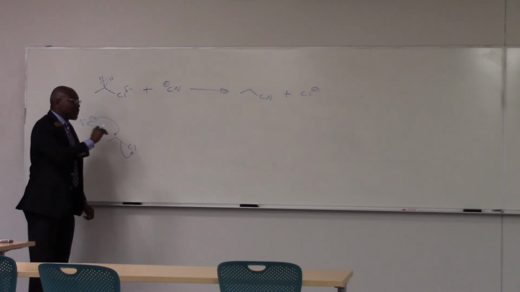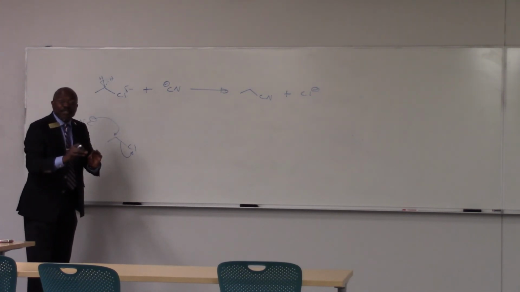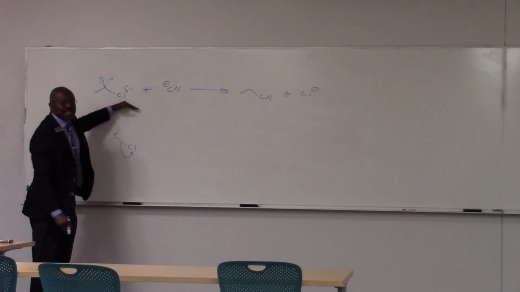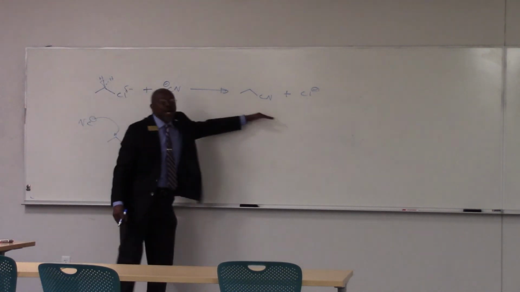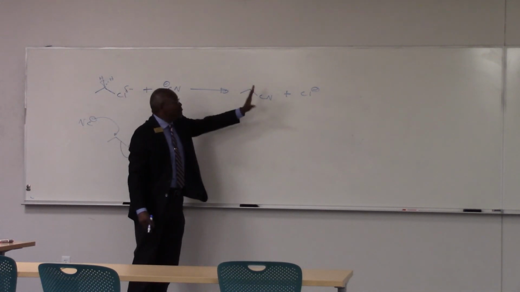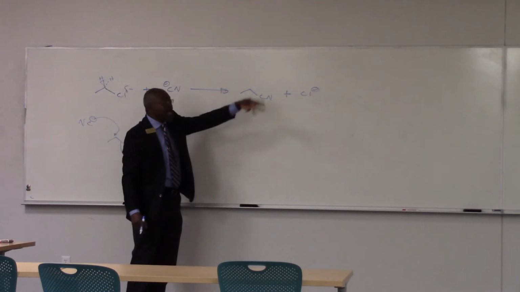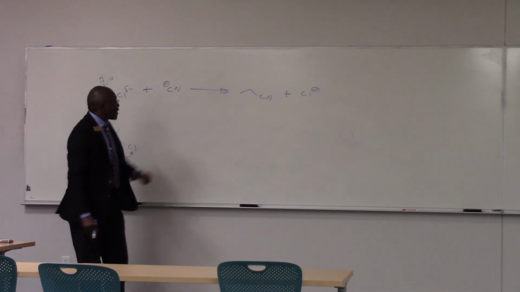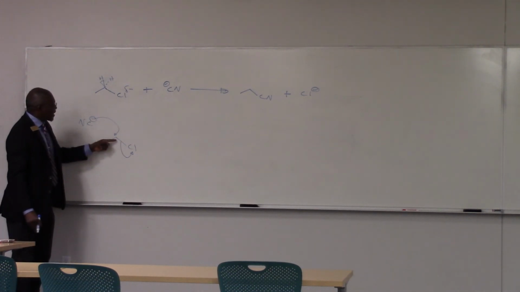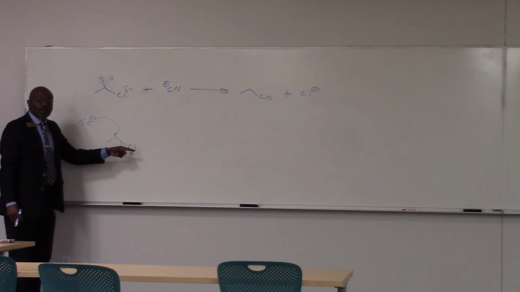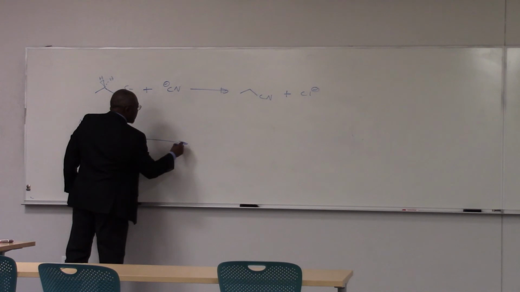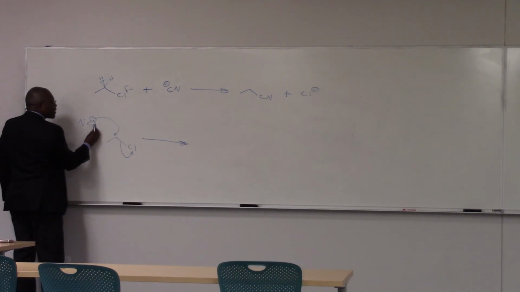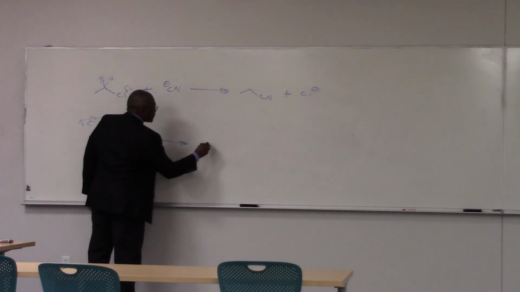Your job in doing a curved arrow mechanism is to account for how reagents as given make product as given. And that's it. There's no H minus being lost here, so we're not even going to entertain that. So my cyanide is attacking this carbon, I break the carbon-chlorine bond, and I'm using my lone pair to make a carbon-carbon sigma bond.